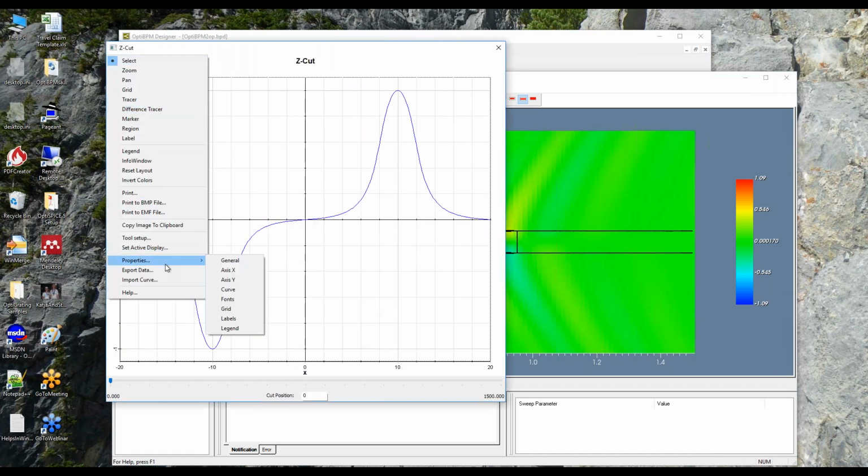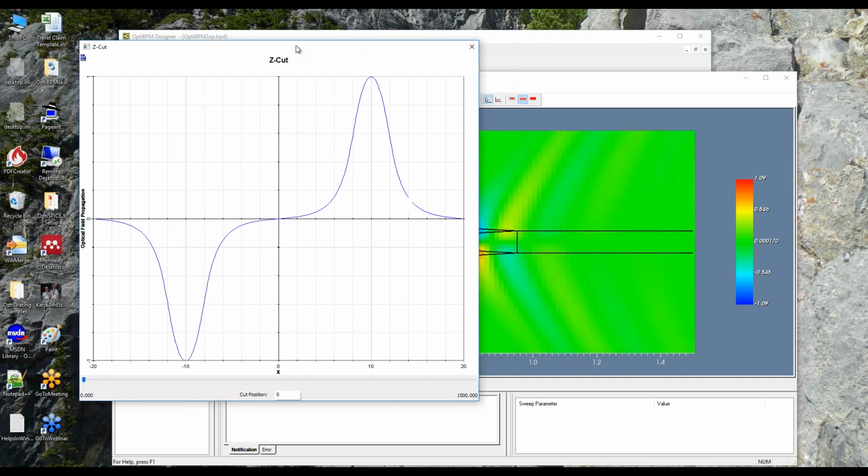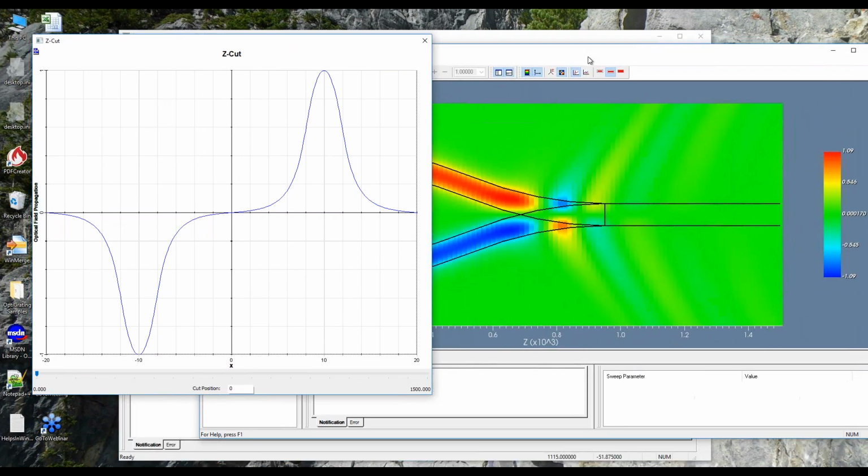Once again, I'm going to adjust the axis to be not auto range, because you really do need to see the absolute values when these things come together. The relatives don't make much sense. So let's fix the scope here.